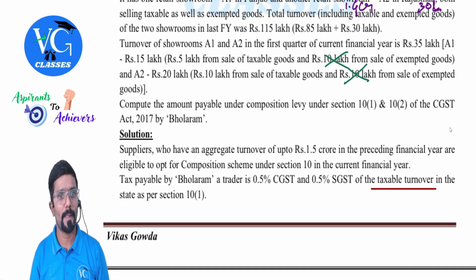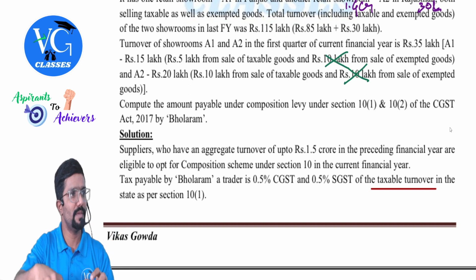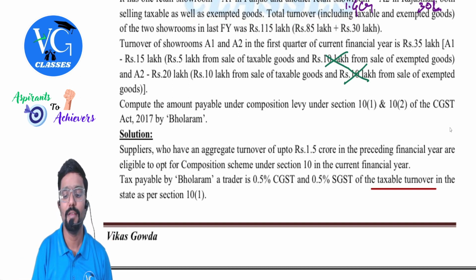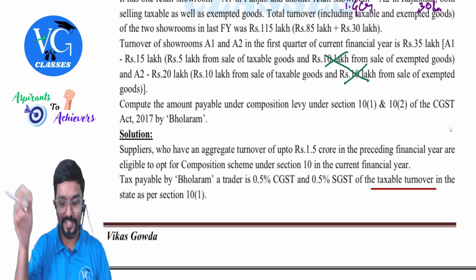That is on 15 lakh for A1. A1 is the branch name. A1, okay, right, state name also.